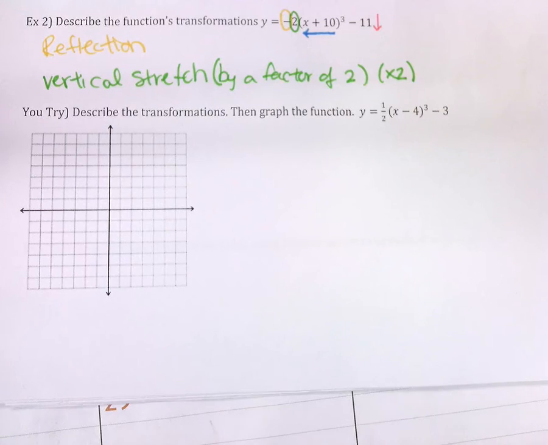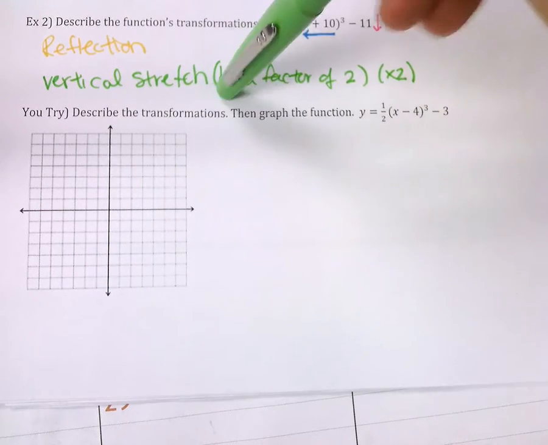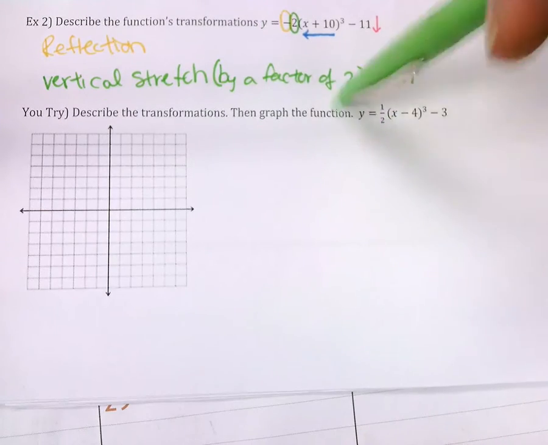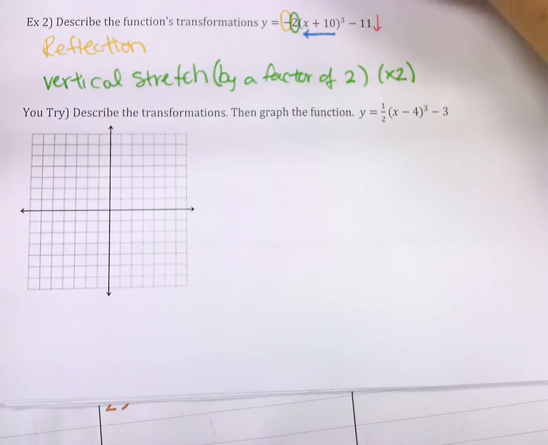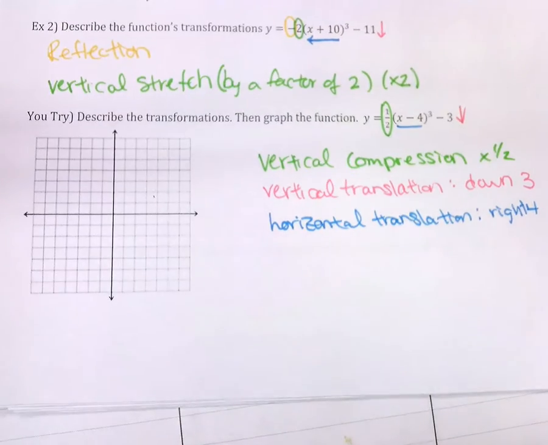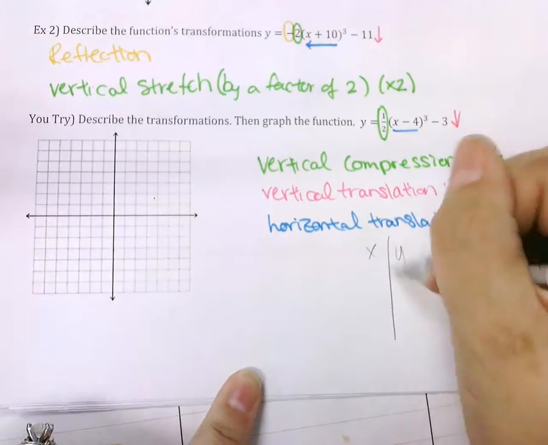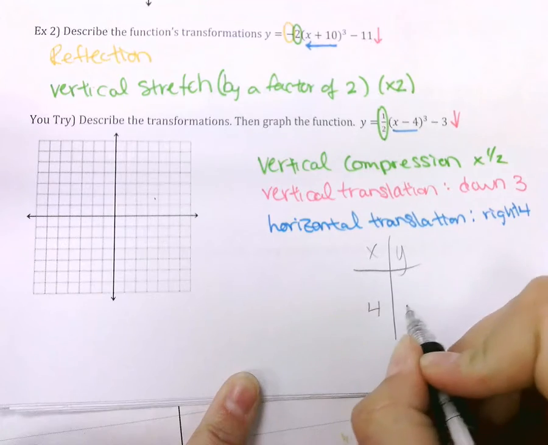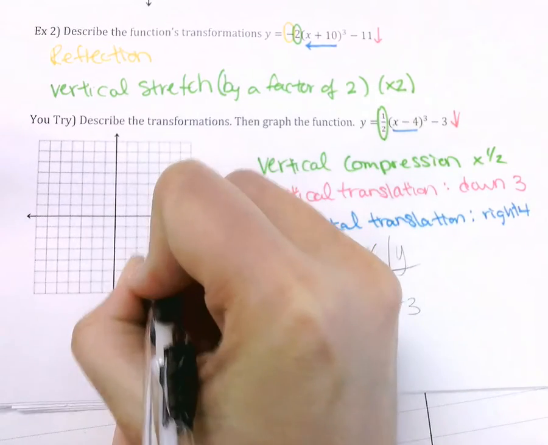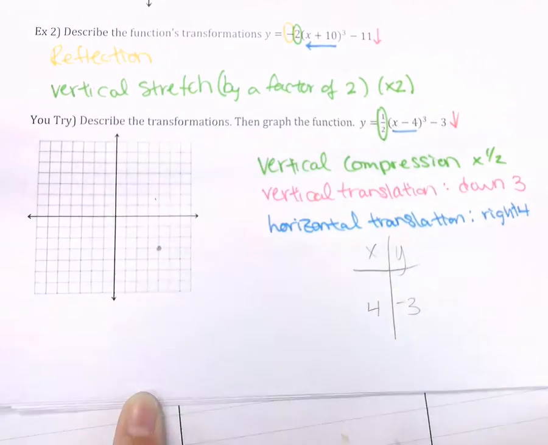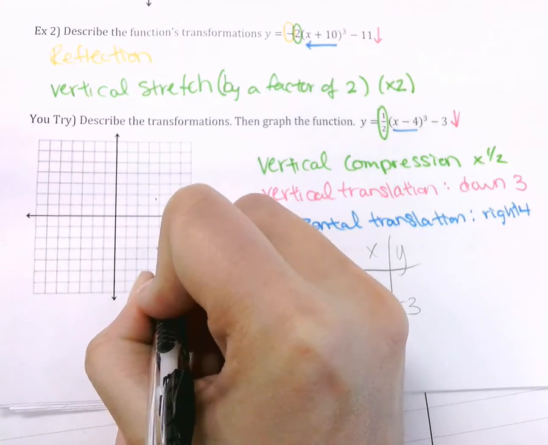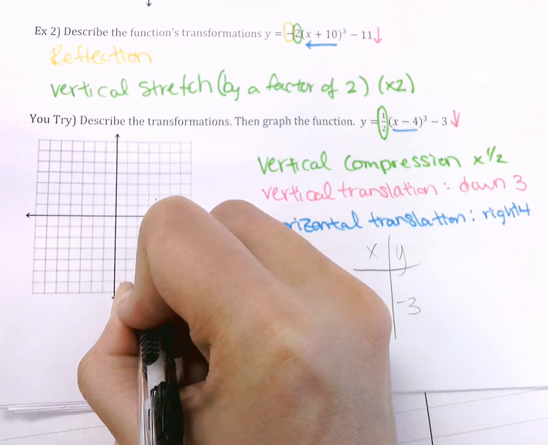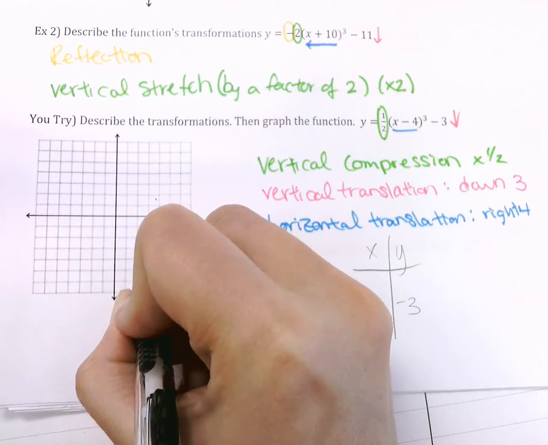All right, so the way I described it in that last example and then in this one, I want you to describe this function and then graph it. You can graph 4, -3 as a point, and then you should have a point at 5, -2.5, and then 3, -3.5.